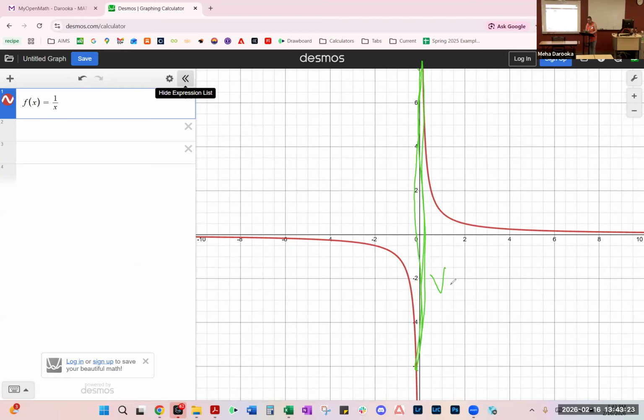So this is what we call a vertical asymptote. And we will actually talk more in detail about this when we are talking about rational functions. This is just sort of an intro.